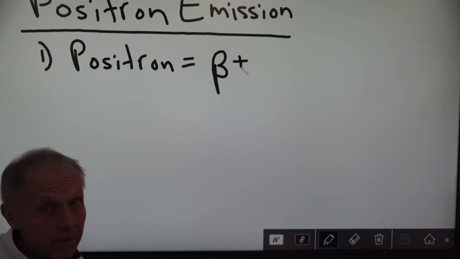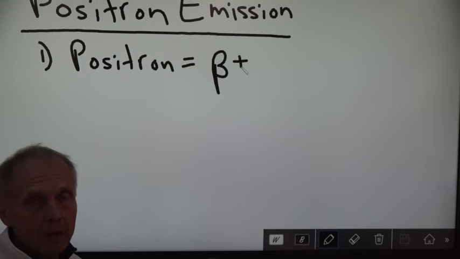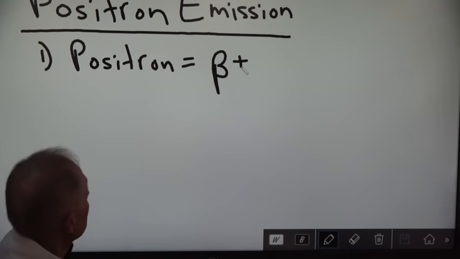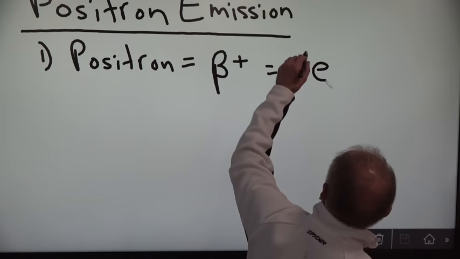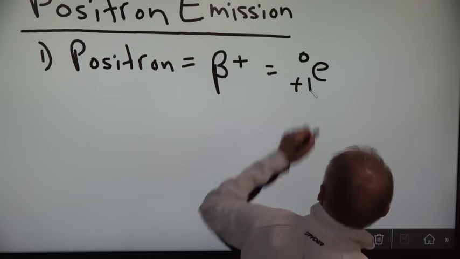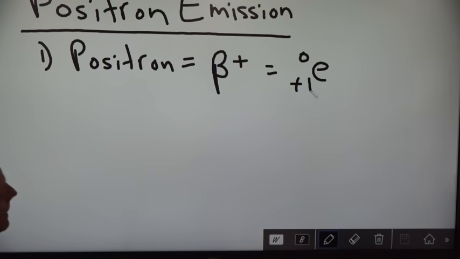Now, this is very, very weird, but I'm going to show you how a positive electron was formed. So we're going to go like this. So, positron is a positive electron. Now here is what happened.